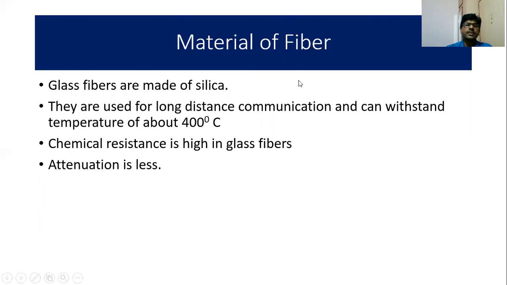What about glass? Glass fibers are made up of silica. They are used for long distance communication and can withstand temperatures of about 400 degrees centigrade. Chemical resistance is high in glass fibers. Attenuation is less. So in this particular lecture, we have seen the different types of fibers and how they are classified into various types.